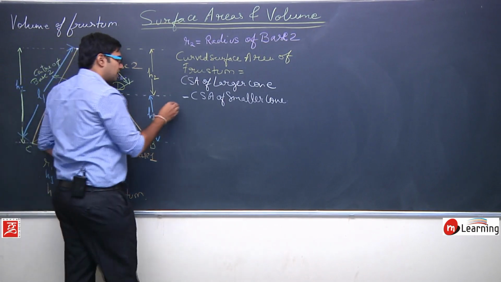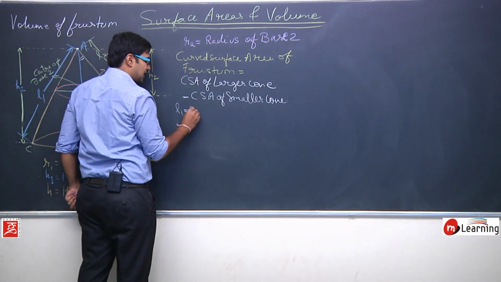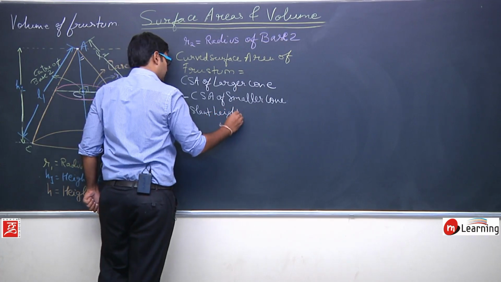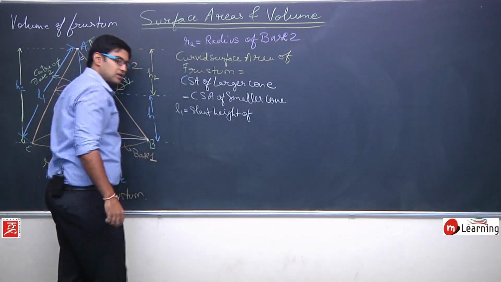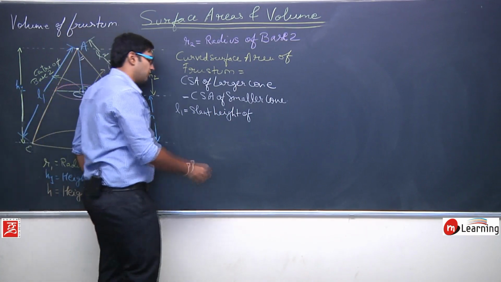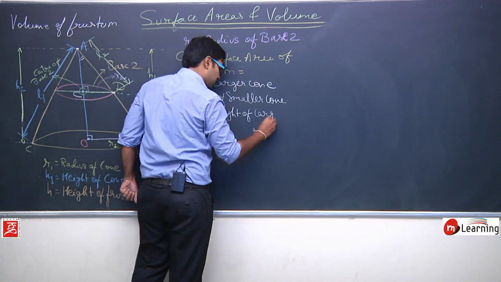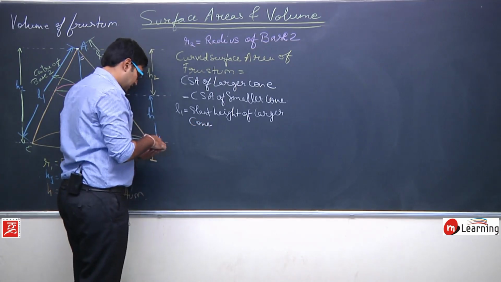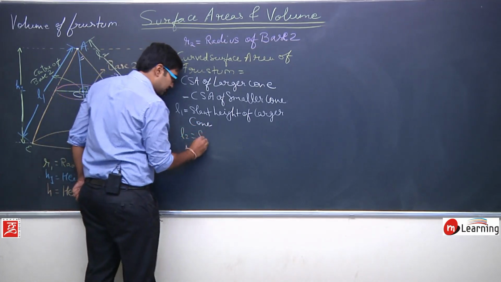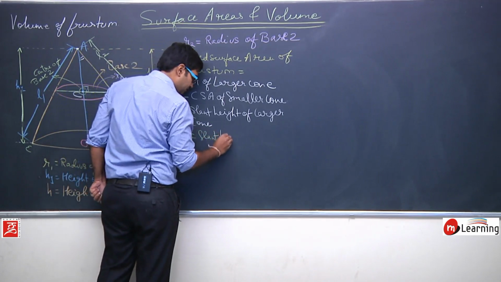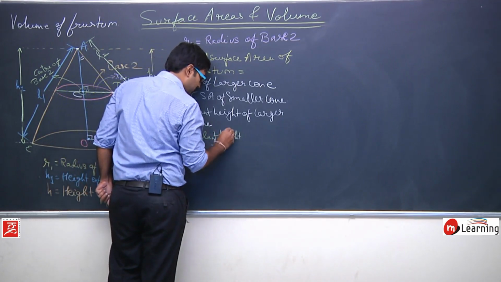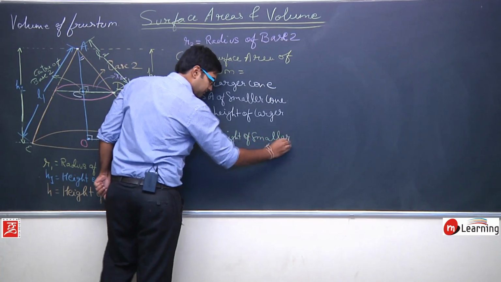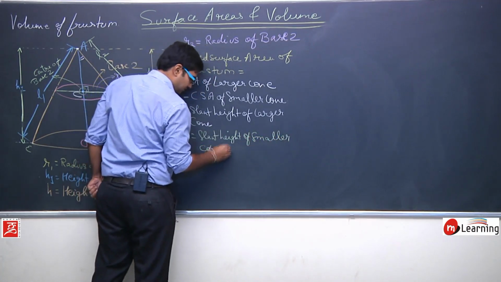So what is L1? L1 is the slant height of larger cone. Similarly, L2 is the slant height of smaller cone.